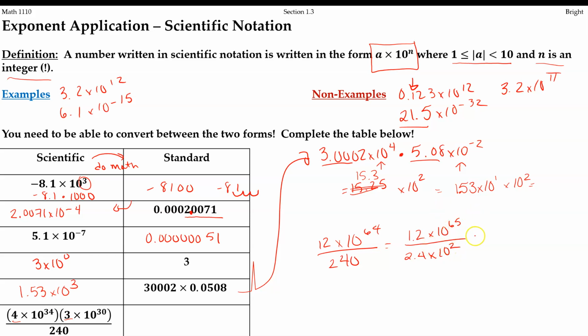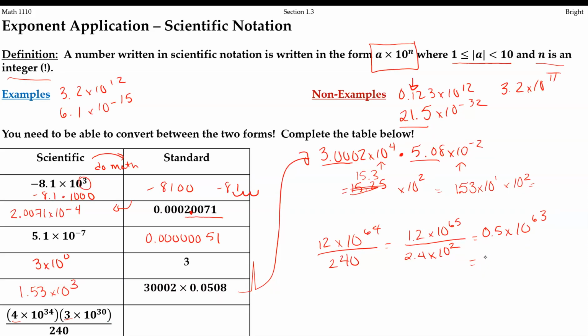Simplifying here, this is going to be 0.5 when I divide the 12 and the 1.2 and 2.4, and then times 10 to the 63rd. But now this is not in scientific notation, so when I put it in scientific notation, I get 5 times 10 to the 62nd. I need to take one of the powers of 10 and move it in, so I get that A between 1 and 10.